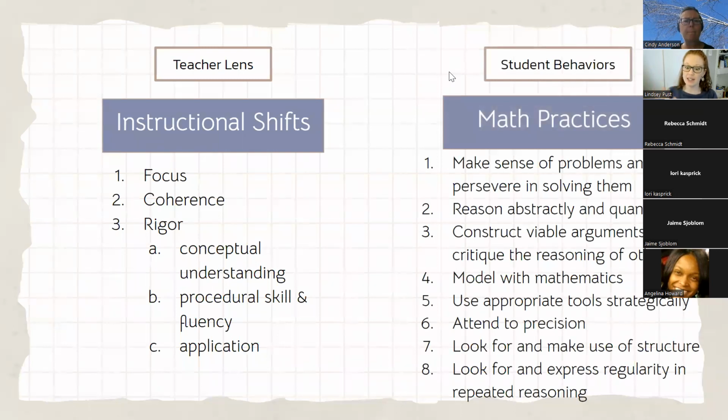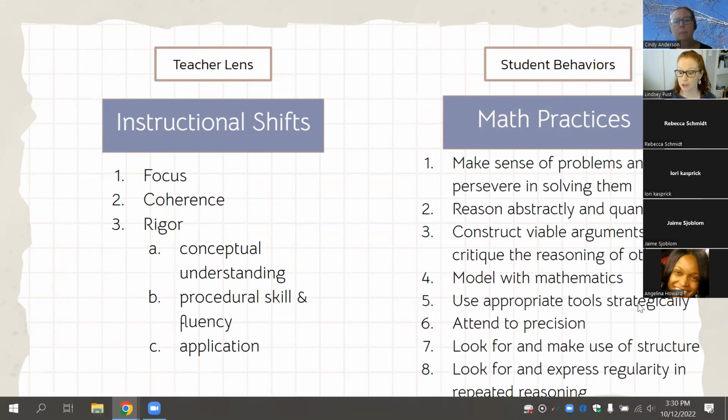What do I want to see my students doing in the math class? How am I helping students develop these so that eventually they're able to model these on their own, without me walking them through step by step? For instance, one of them is using appropriate tools strategically. I don't want to always provide the tool to my students. I will in the beginning to show them how it works, whether it's a graph or a calculator or a ruler.